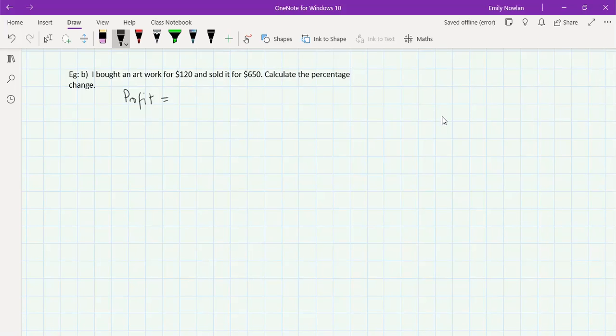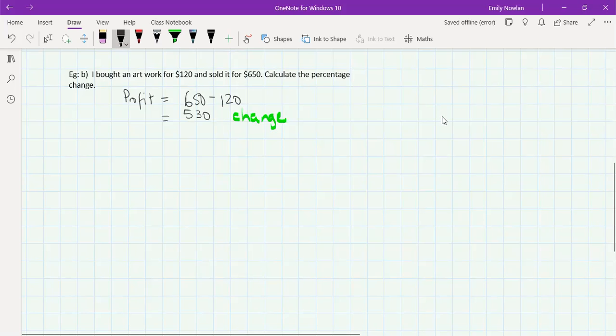So it's how much I sold it for, which is $650, minus how much I bought it for, which is $120. And so you either do that in your head or you get your calculator and you go 650 minus 120, which gives you $530. That's, again, the change.